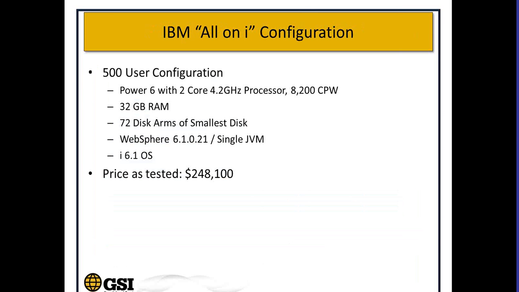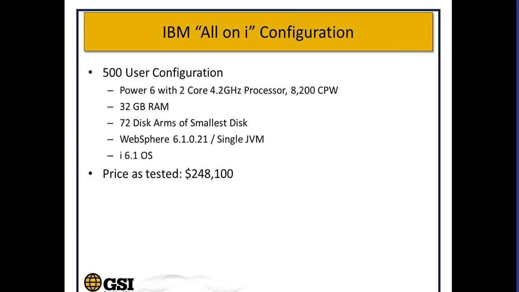The IBM All-on-I configuration, IBM actually had two separate configurations, one for a 500 user load and one for a 1,000 user load. The pricing that I got was given to me by Sirius for these machines. This was before they came out with the special pricing for J.D. Edwards customers.